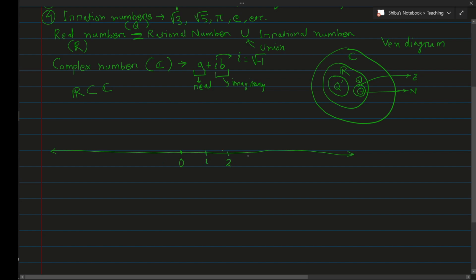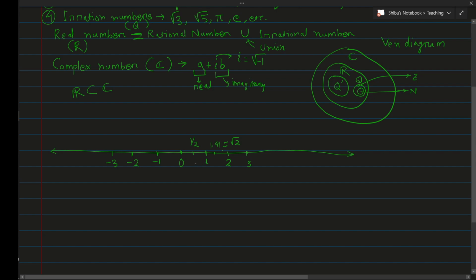We put all the positive numbers on the right side and all the negative numbers on the left side. Then there will be rational numbers in between these integers, and irrational numbers also, like say root 2, which is 1.41. So all these rational and irrational numbers can be put on this number line.